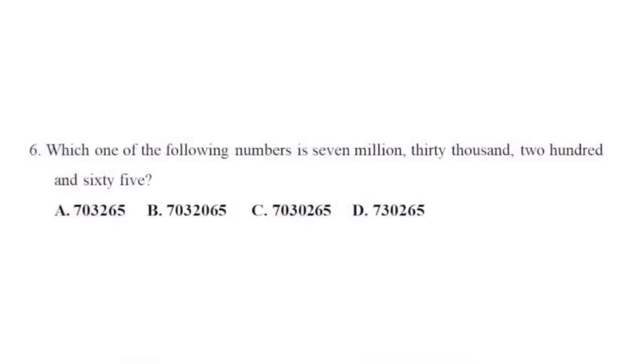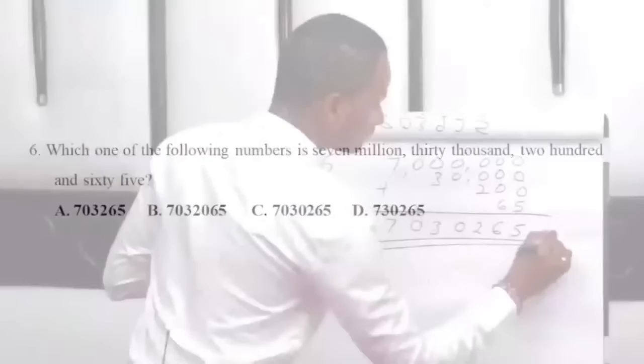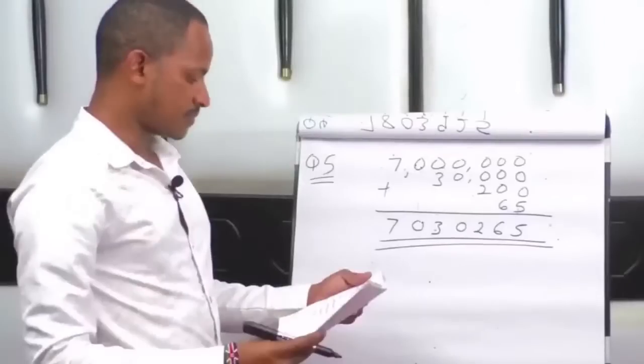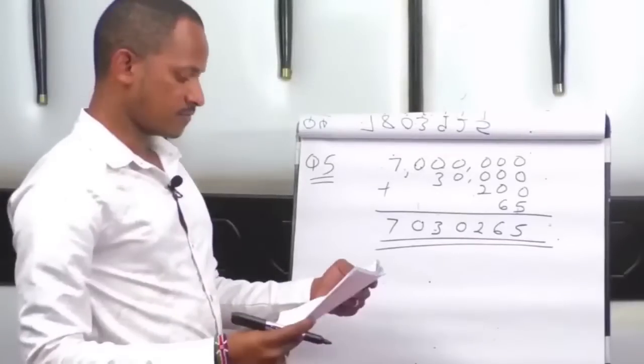Then 0 plus 0 is 0. 0 plus 3 is 3. Then 0 plus 0 is 0. Then 7. So this is our answer. So that is number 5.